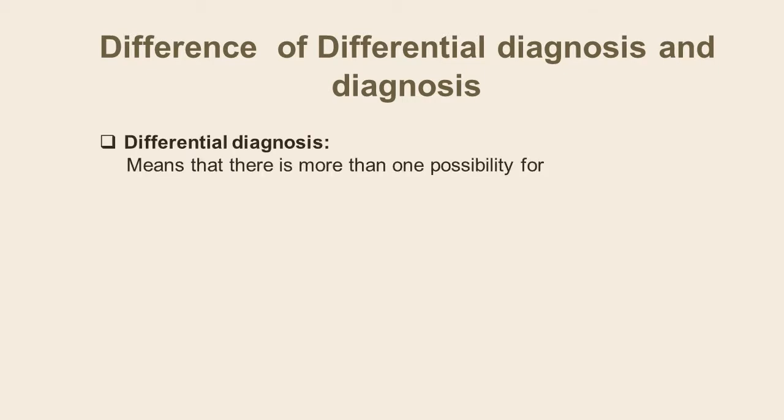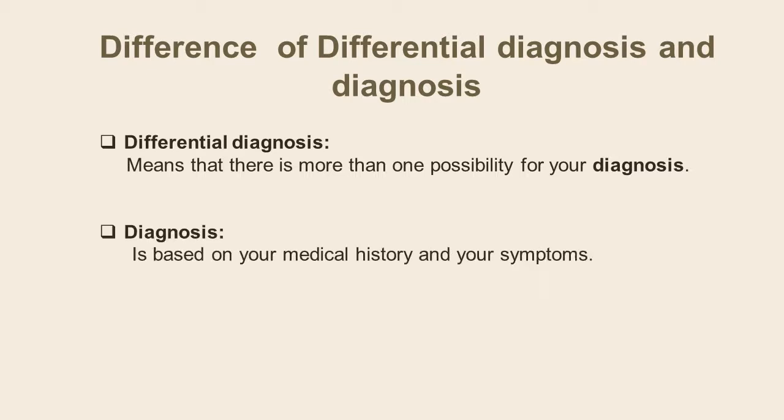Difference between differential diagnosis and diagnosis. Differential diagnosis means that there is more than one possibility for your diagnosis. Diagnosis is based on your medical history and your symptoms. For example, let us say the client has come to you at the center and you have screened the child based on the medical history or the symptoms, and you come to the conclusion that the child may have autism or the child may have intellectual disability because the symptoms are the same.